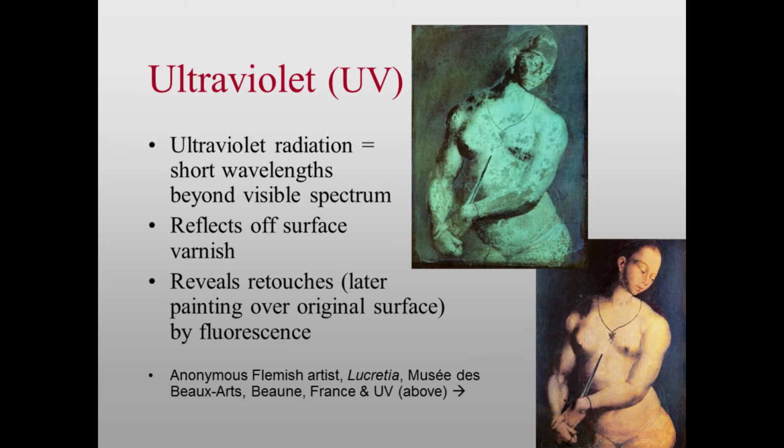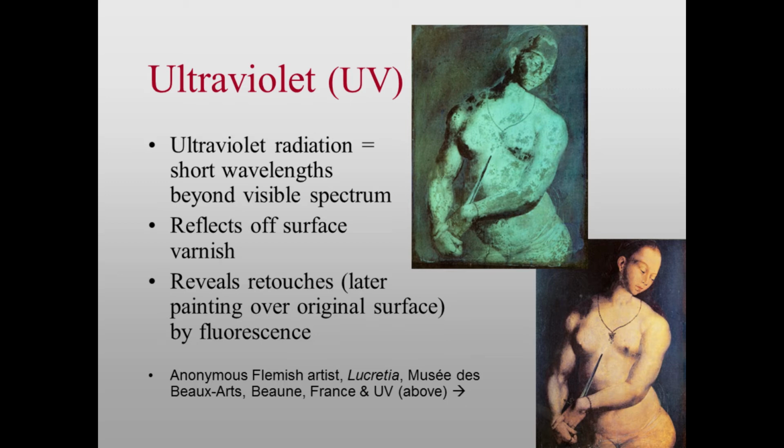And as you can see, it reveals retouches or later painting over the original surface. When you look at it, you see all these blotchy spots in the ultraviolet photograph. That's where paint has probably flaked off from the original, been lost over time, or suffered some damage.